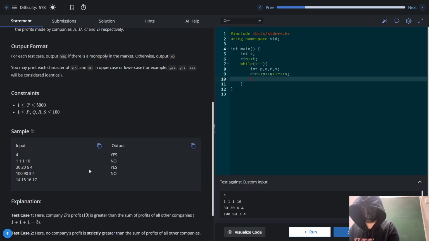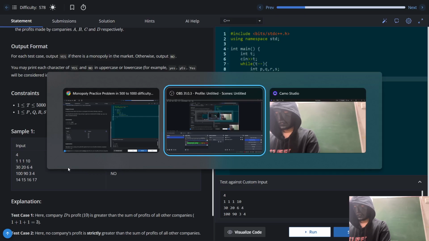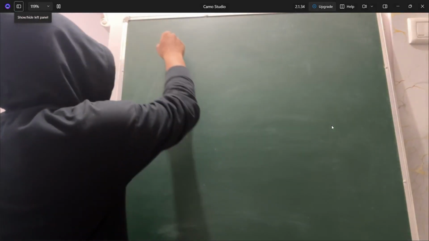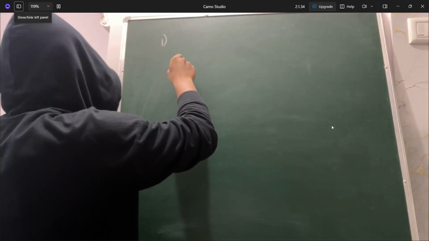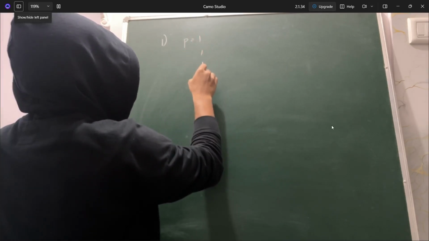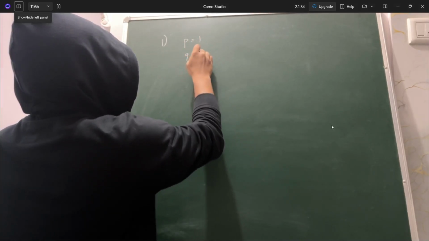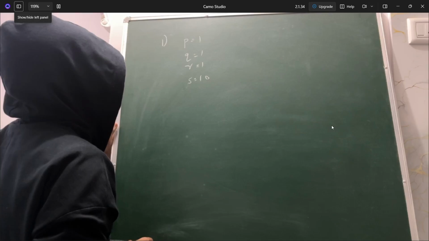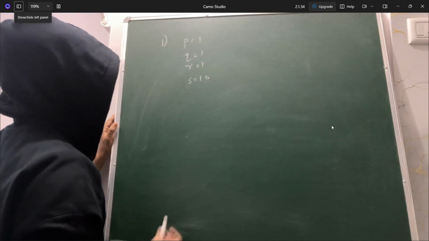So let's take examples and understand. They have given 4 examples. We'll take one by one. In the first example, P is equal to 1, Q is equal to 1, R is equal to 1, S is equal to 10. So we need to find if there is monopoly in the market or not.